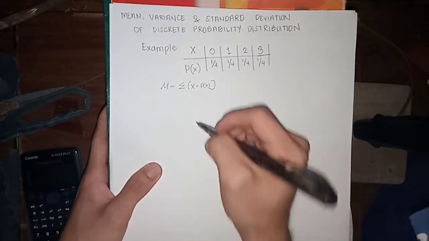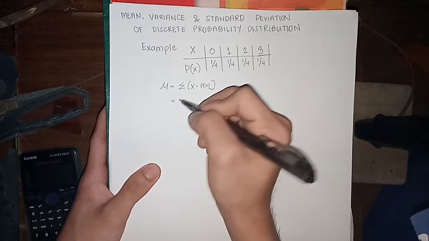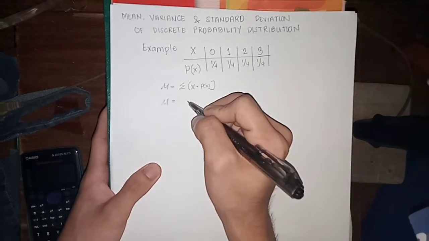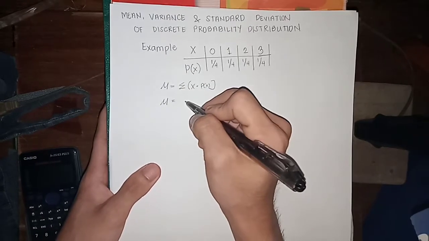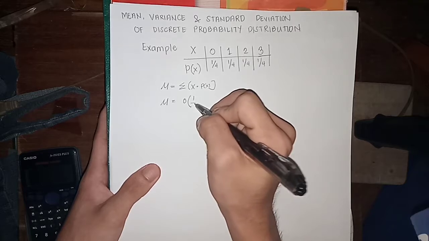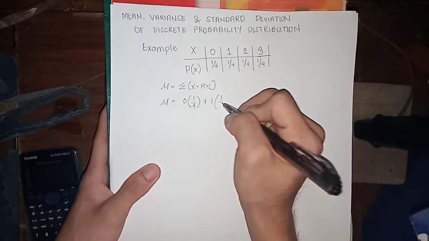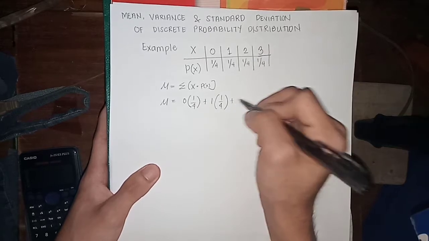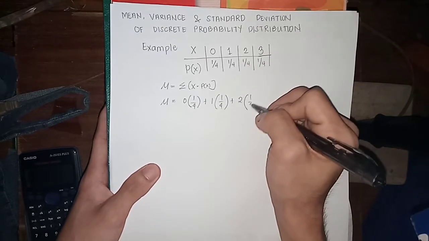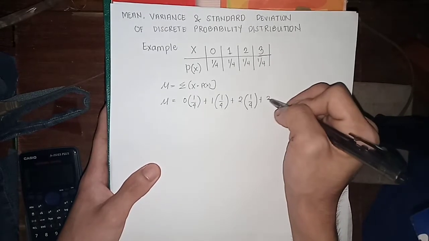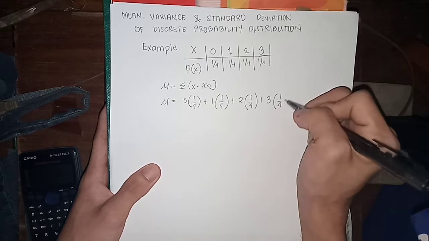Ang mangyayari, we are going to have the mean is equal to 0 times 1/4 plus 1 times 1/4 plus 2 times 1/4 plus 3 times 1/4.